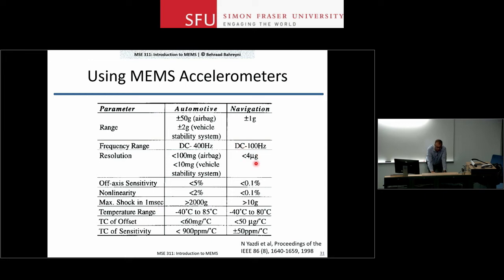For example, for navigation, you need less than 4 micro-G of resolution. Automotive, 10 milli-G or more is good enough. This is not easy, right? It was not easy back then, and it is still not easy right now. But you can go and have a look at that paper from '98, already 20-something years old. I'm sure with what you learned in this course, you can follow most of the material in that article.